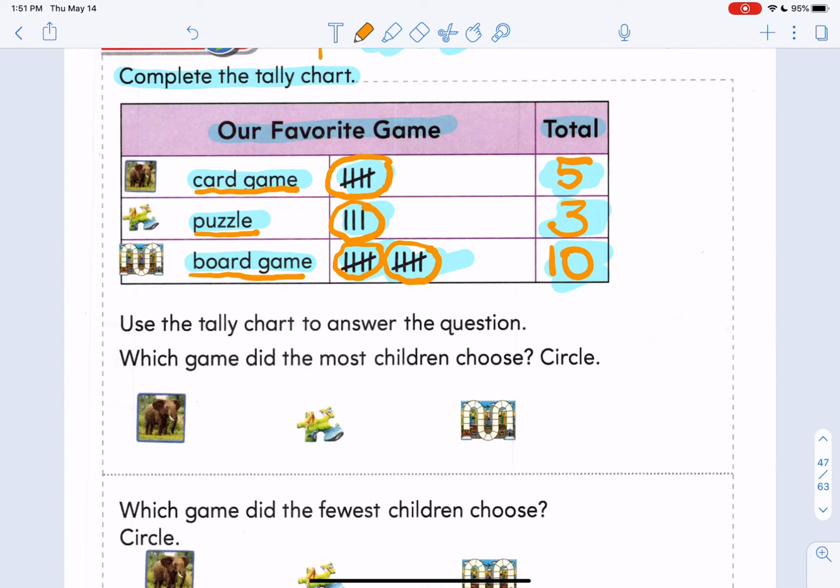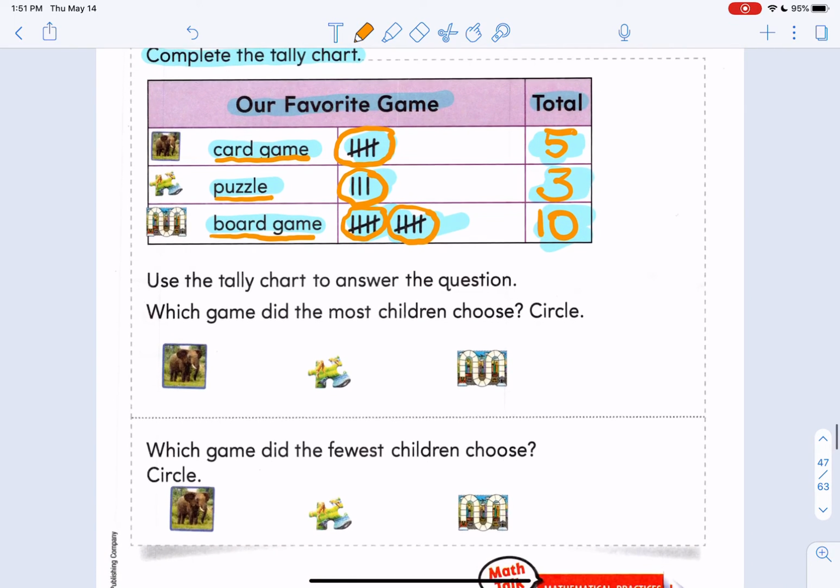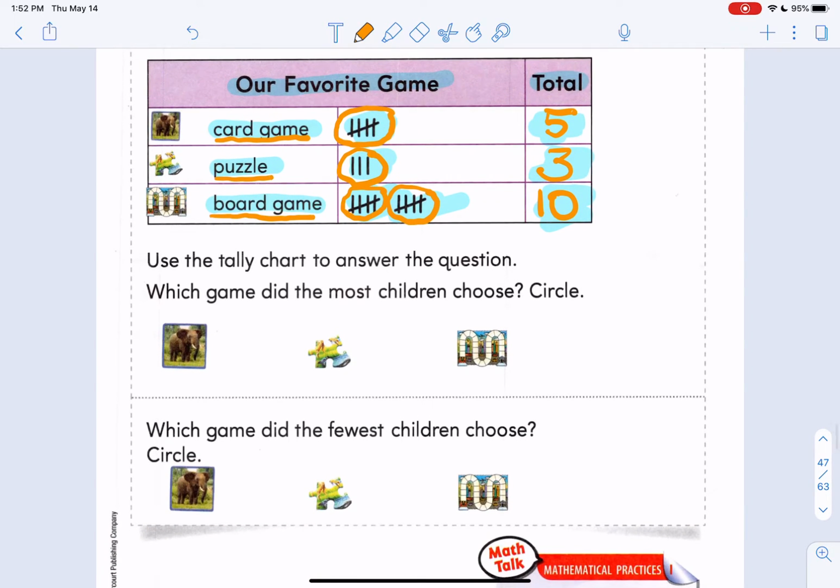Okay. Now, we've got some questions here at the bottom. It says, use the tally chart to answer the question. Which game did the most children choose? Circle. Now, most, remember, we're looking for the largest number.